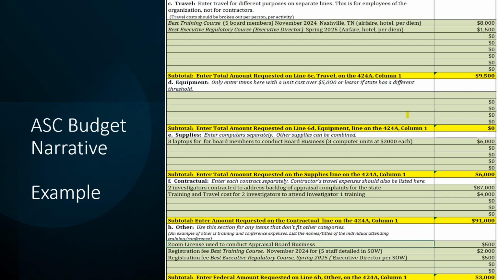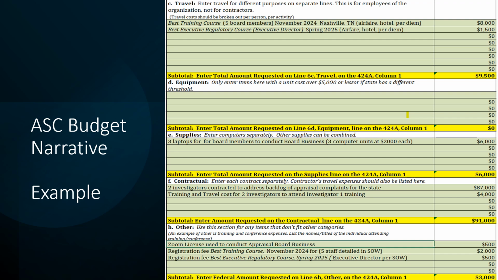So that cost. Onto the equipment costs. These are any piece of equipment that would be over $5,000. That's what would be in the equipment line category. Everything else would be in the supplies category. So in supplies, we have listed computers or laptops.